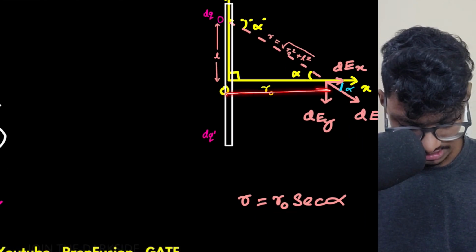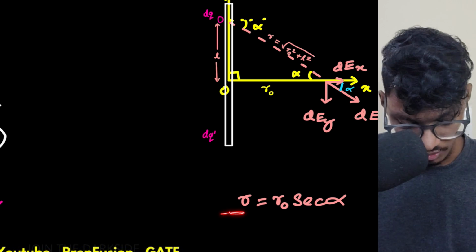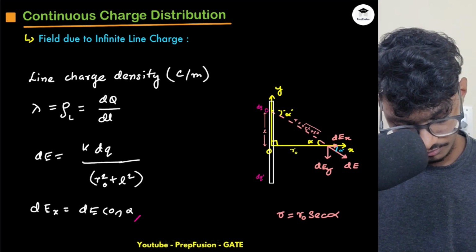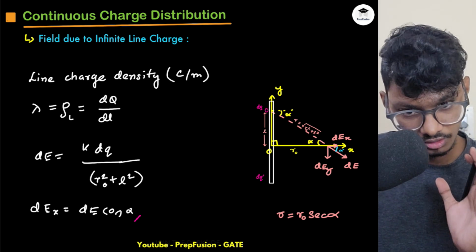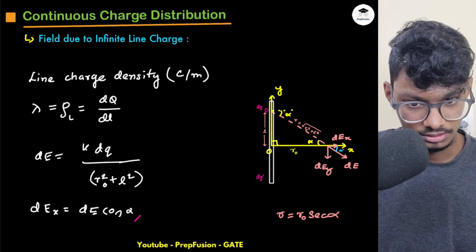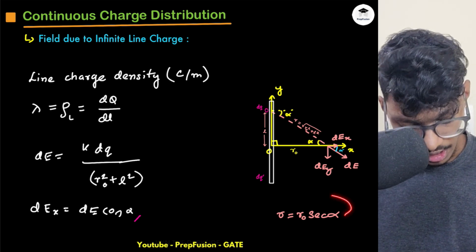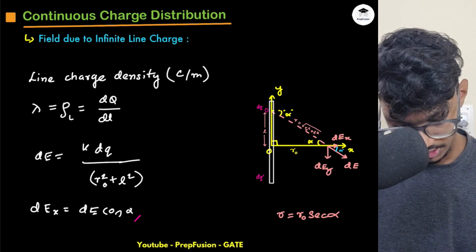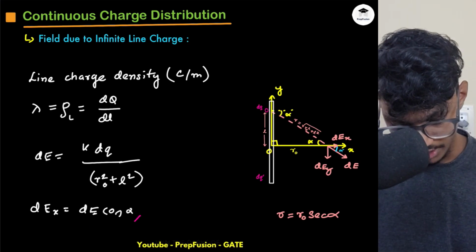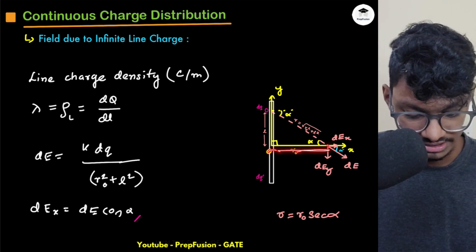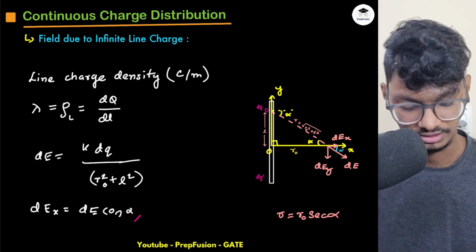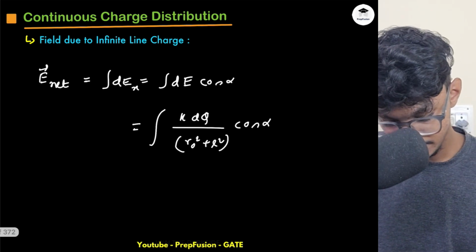I will replace r with r naught sec alpha just for simplicity's sake, because r naught is constant. It is the distance from the rod, and that is constant. That's why I want to replace everything in terms of r naught and alpha.